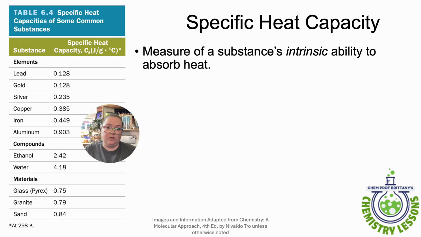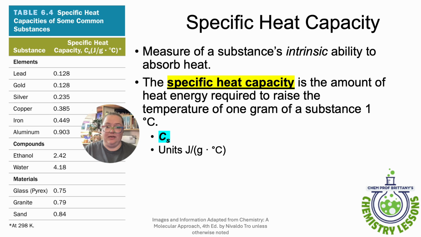All right, so we also use the term specific heat capacity, which is the measure of a substance's intrinsic ability to absorb heat. The specific heat capacity is the amount of energy required to raise the temperature of that substance, 1 gram of it, by 1 degree Celsius. So we use the heat capacity, C, with a subscript of S for specific heat capacity.